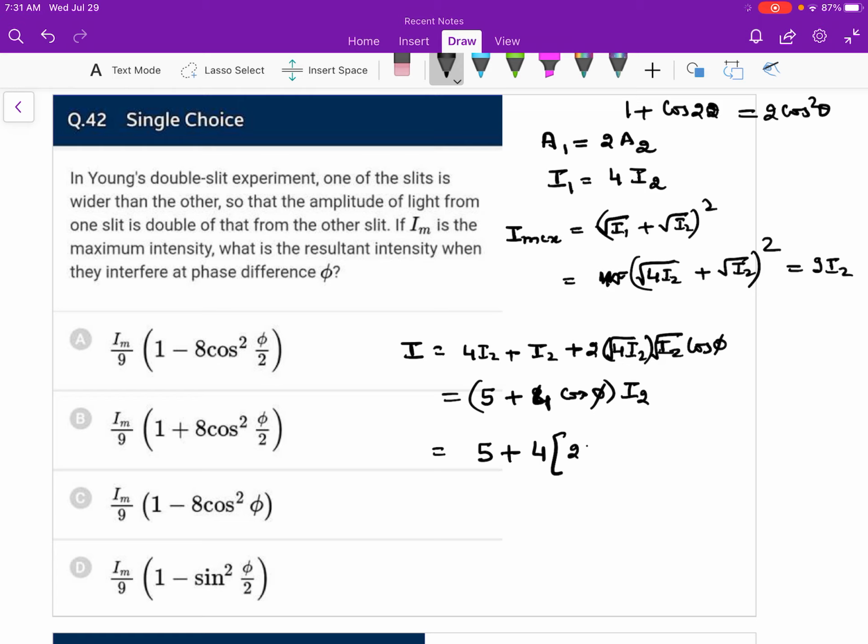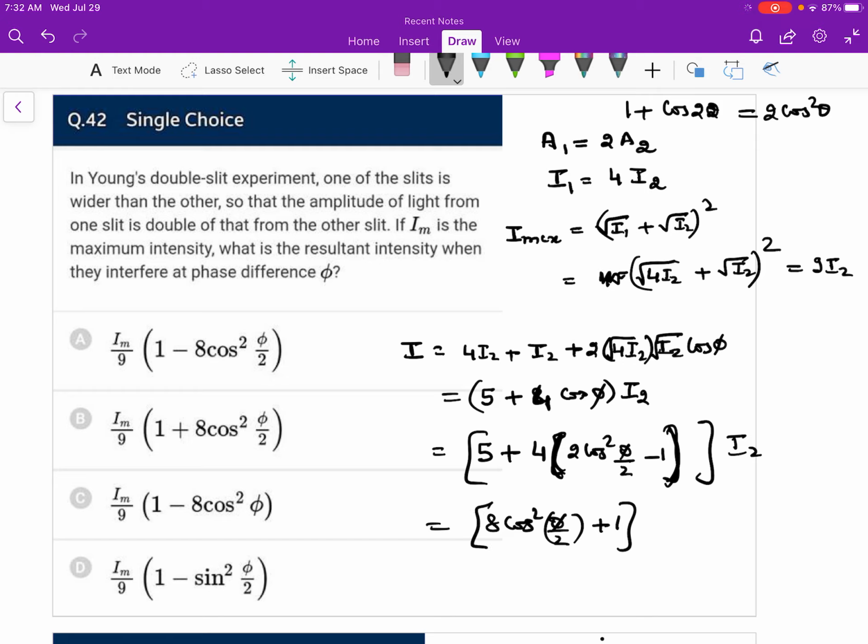So cos phi we can write 2 cos square phi by 2 minus 1. Okay, this we can write into I2. So 4 2s are 8, so 8 cos square phi by 2 plus 1, and I2 is I max by 9. So correct option is I max by 9 into 1 plus 8 cos square phi by 2.